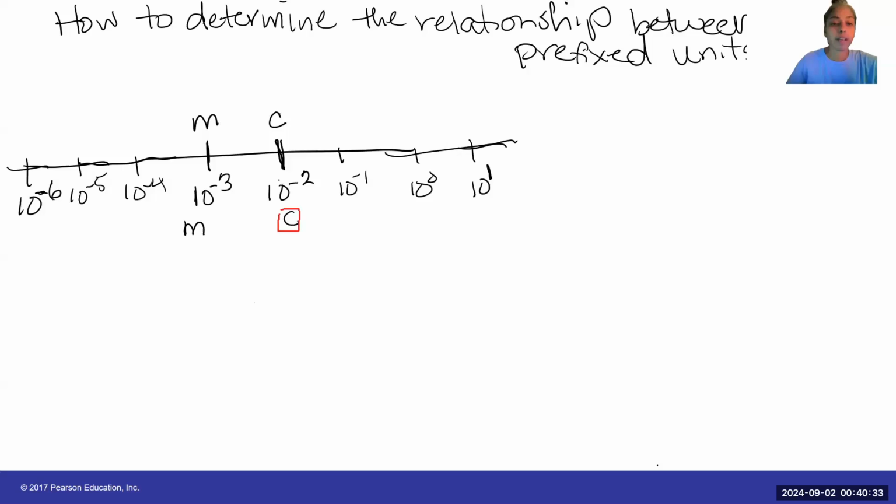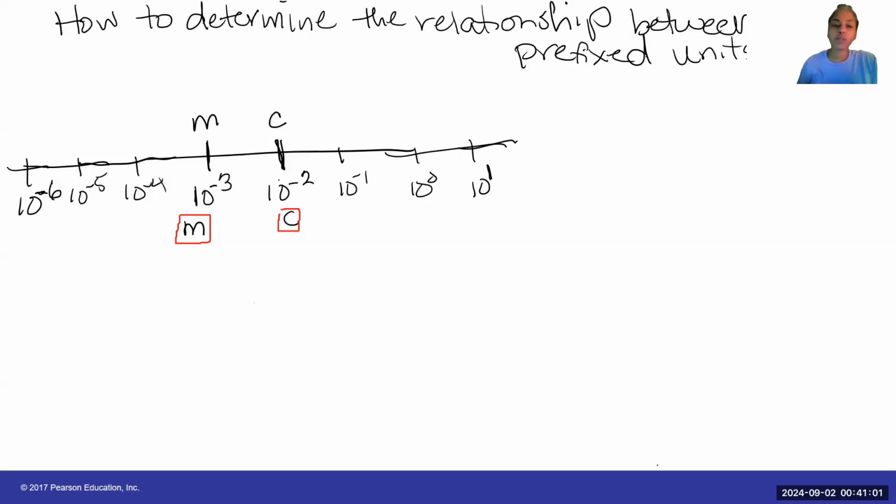I've labeled here the prefixes themselves. We were starting with centigrams, and we wanted to get milligrams. So this little c represents centi, this little m represents milli. Yes, small m represents milli, and it also represents, let's say, if you're saying the mass is equal to.